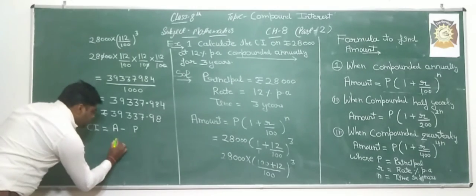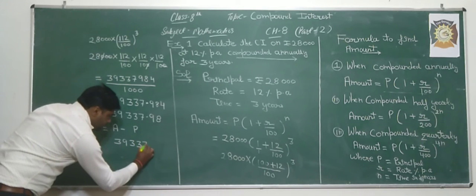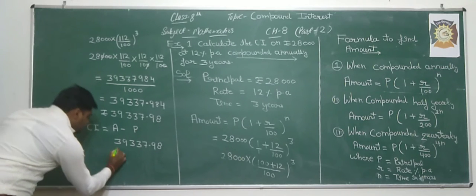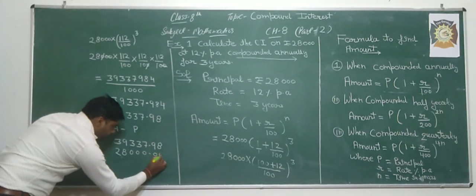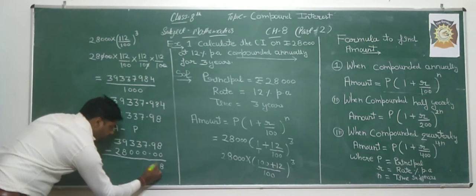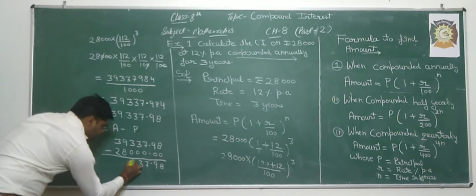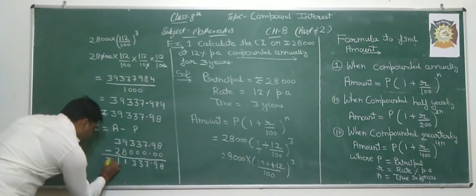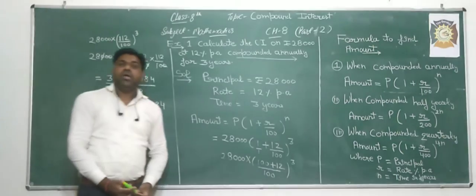So then it becomes 39,337.98 minus 28,000, which is 11,337 rupees and 98 paise.